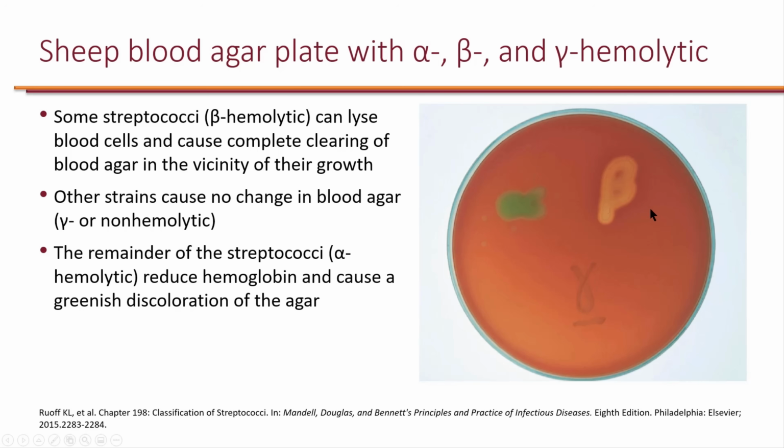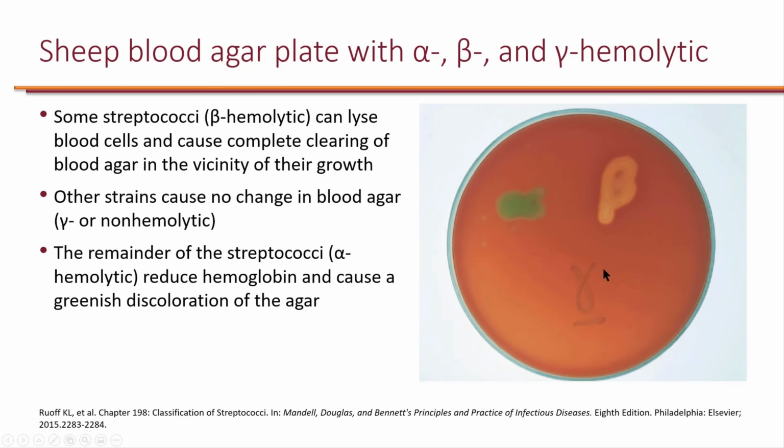So the beta hemolytic group, which you can see in this picture, essentially they lyse blood cells, so they will break it down and it will basically clear the blood, and that's called beta hemolytic strep. And the alpha essentially reduce hemoglobin, and they cause this greenish color.